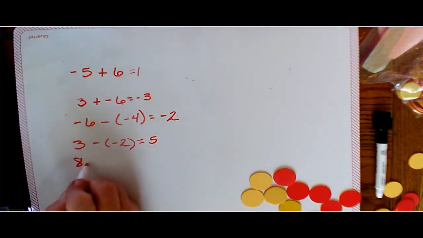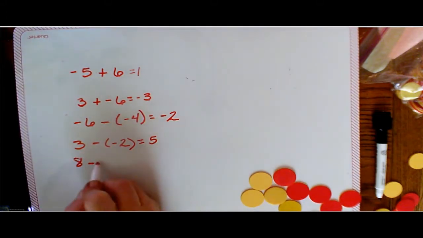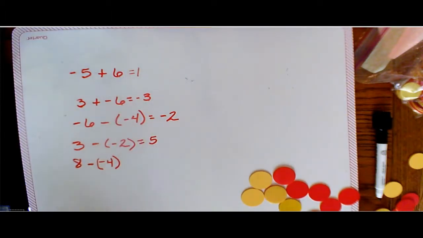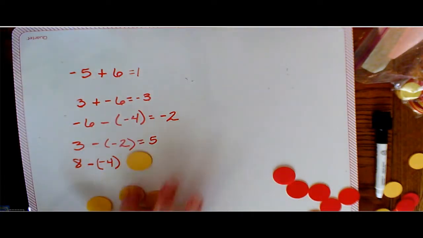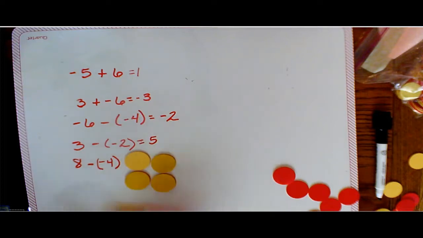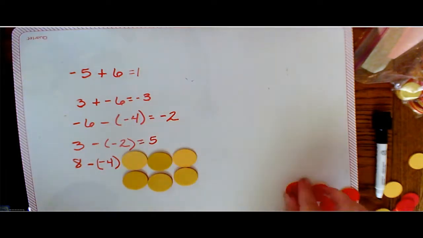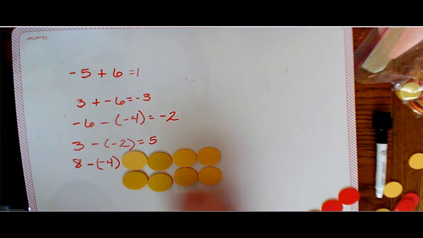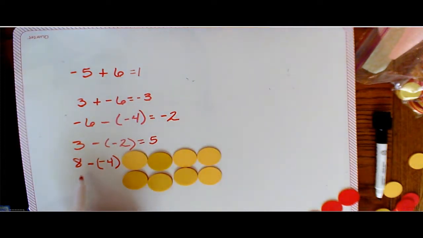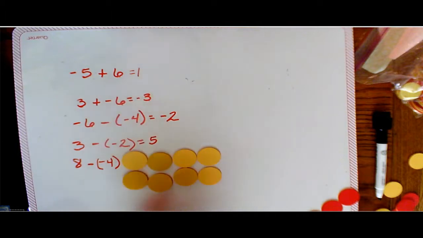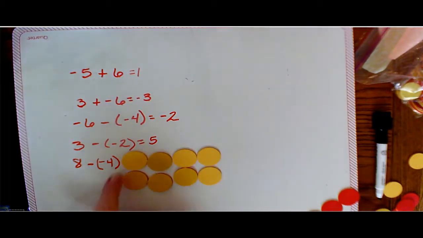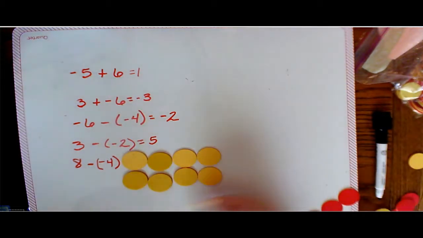How about 8 minus a -4? 1, 2, 3, 4, 5, 6, 7, 8. Now I need to subtract a -4. I do not have any negatives here, do I? So I'm going to have to add my 0 pairs. My 4 0 pairs for the negatives.